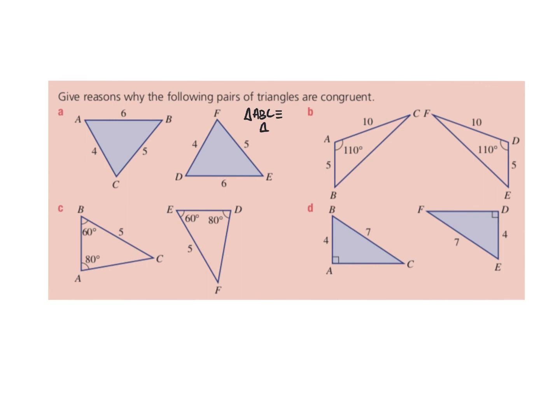A was between 6 and 4, so D. B was between 5 and 6, so E, congruent with triangle DEF. Sorry, I might write down here. So triangle ABC is congruent with triangle DEF. Why? Because of side, side, side.